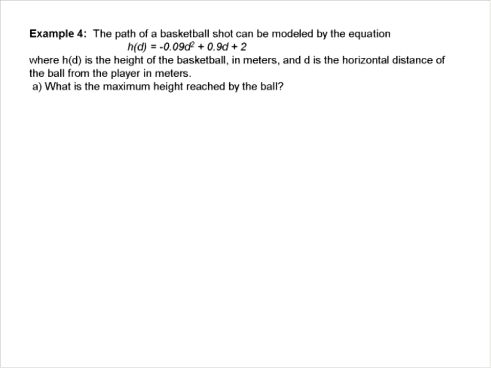Now, again, we can't tell anything from the equation in this form. This just tells us to start with that and complete the square. So let's go at completing the square here. We're going to get h of d, and we're going to have to factor out negative 0.09, and we're going to get d squared. If you have 0.9 and you factor out negative 0.09, we're going to get negative 10d, and plus 2 is going to be on the outside there.